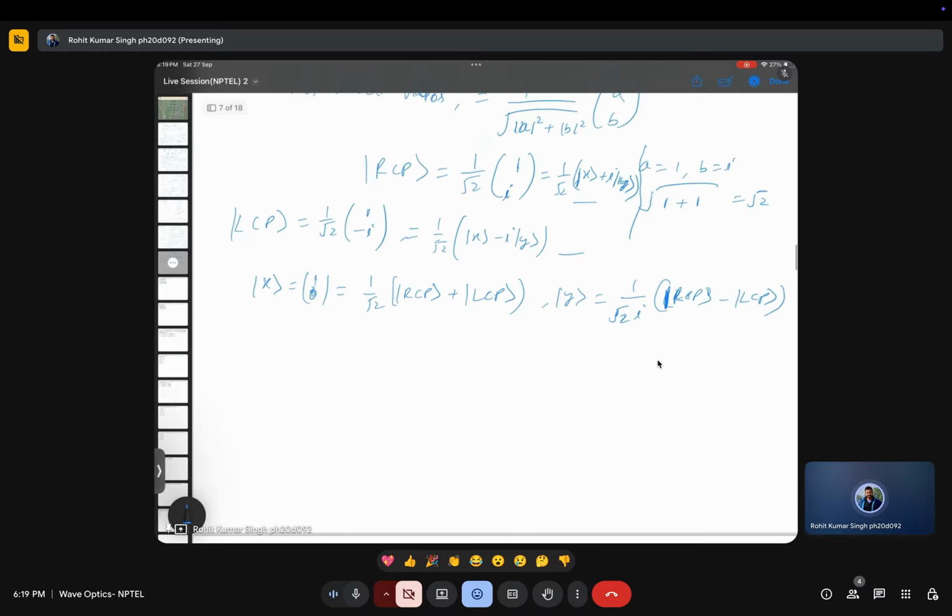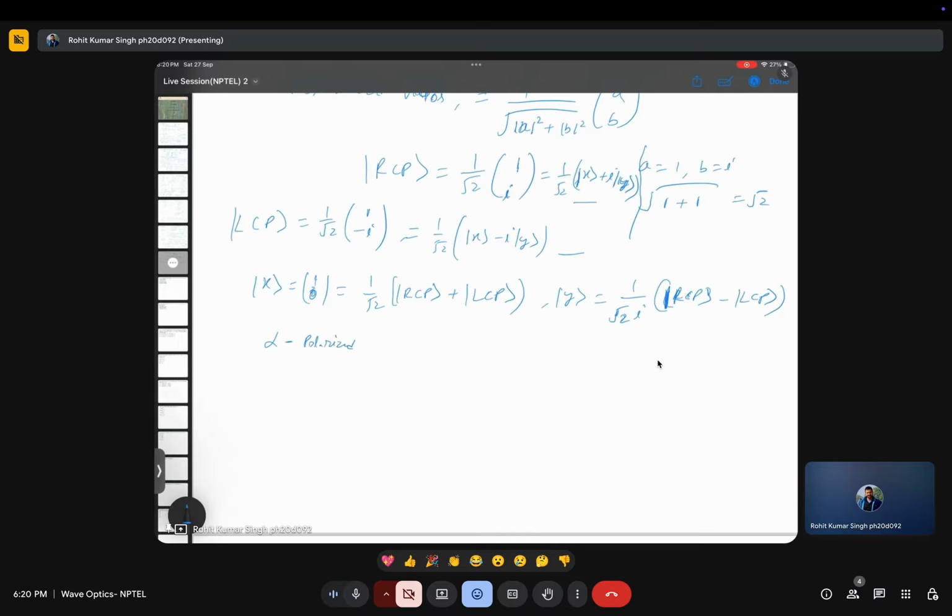Now tell me, if you have understood it, I'll ask you a simple question. How will you represent a wave which is polarized at an angle alpha?